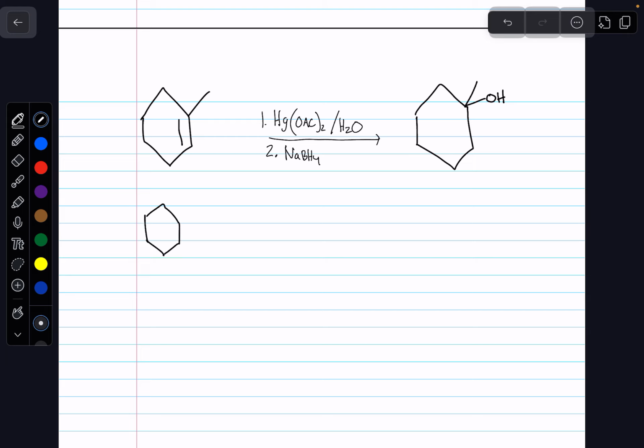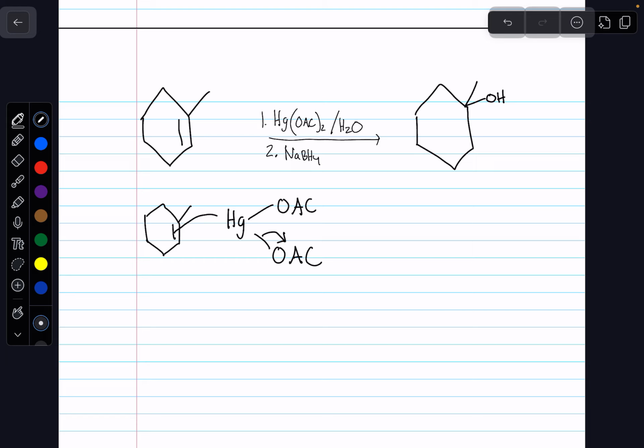So you're obviously going to start with that cyclohexene, and what's going to happen is you have this Hg bonded to two OAcs. It's going to leave one of them back to that OAc. And so here we're going to do it similarly to how we did bromination.